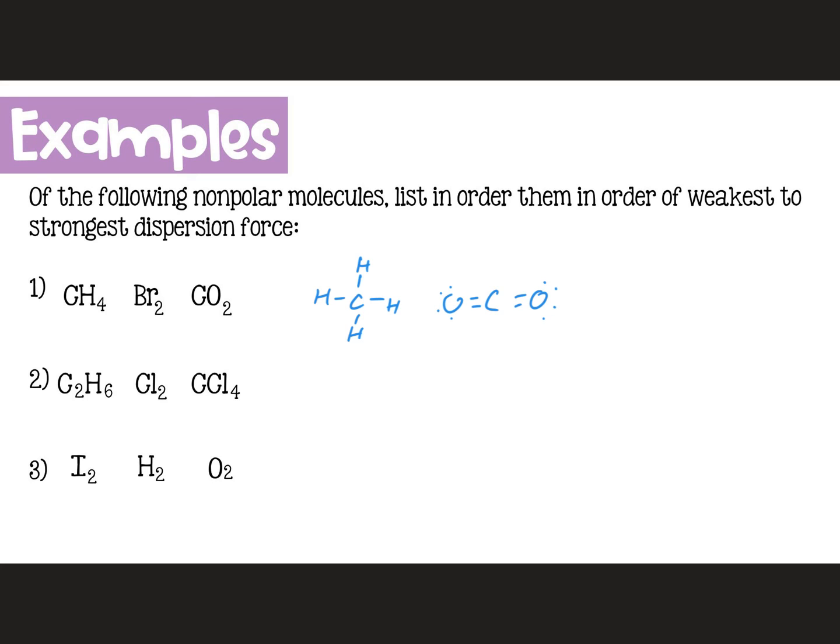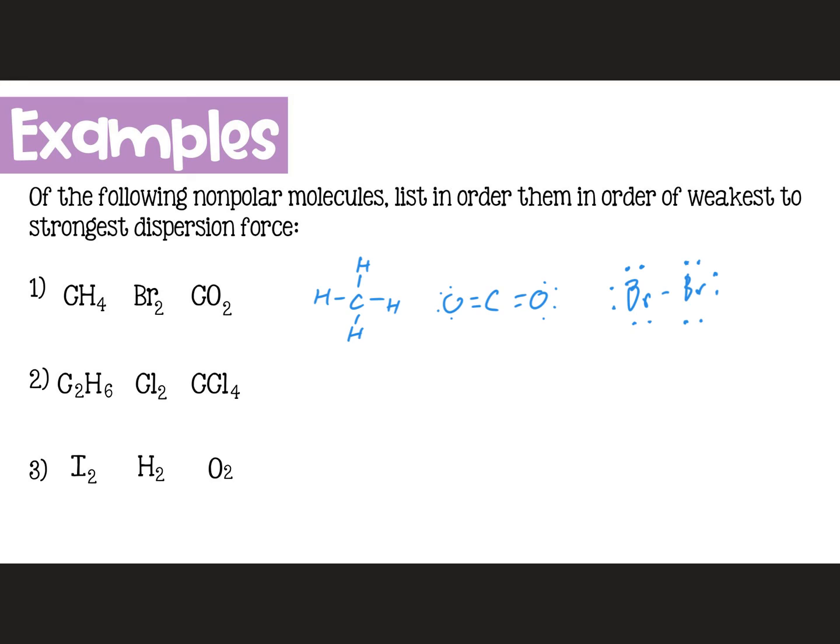That means that the dispersion force is going to be a little bit stronger than in CH4, but it won't be the strongest. And then for Br2, well, we have a lot of electrons on the outside, and they're not very close to the center compared to oxygen and hydrogen. So that means that Br2 is going to have the strongest.